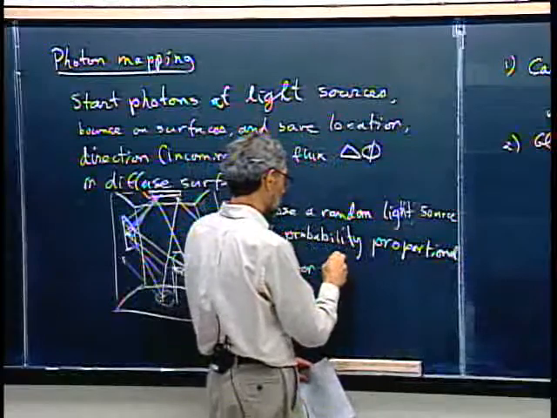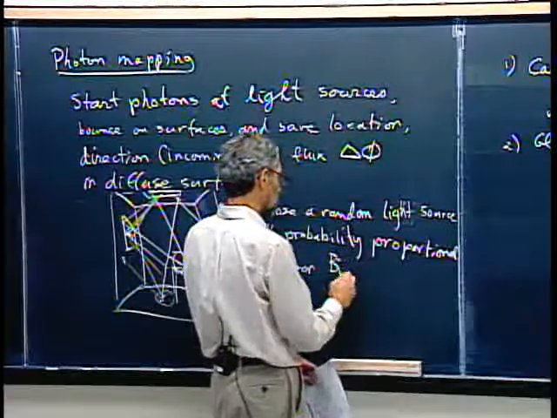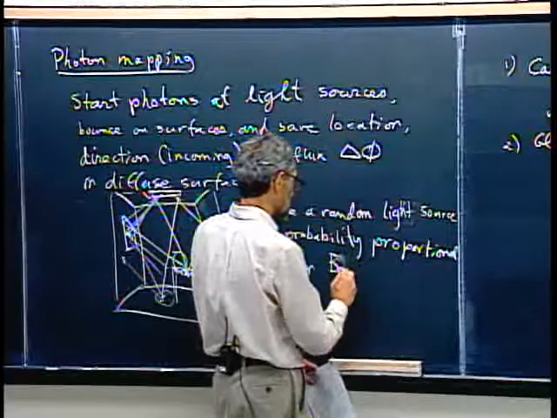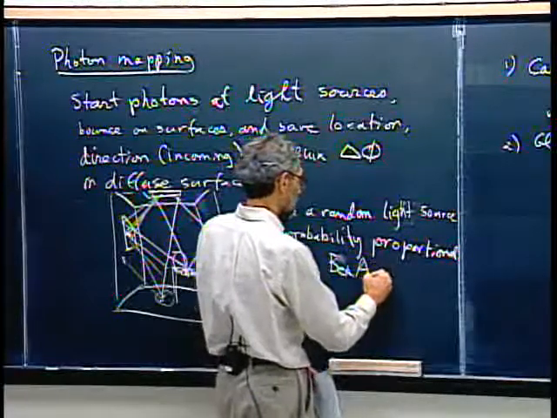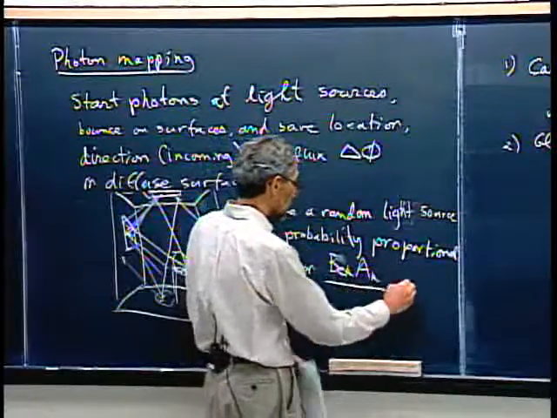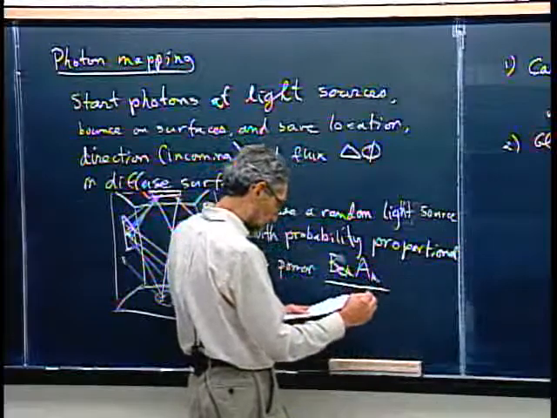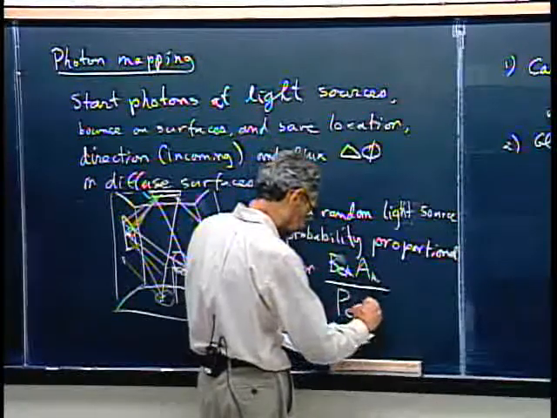So the power is, say, the radiosity if it's a diffuse emitting light source. I guess it should be B_E, and say it's the kth light source, times the area. And if it's going to sum to 1, you've got to divide it by the total power emitted.